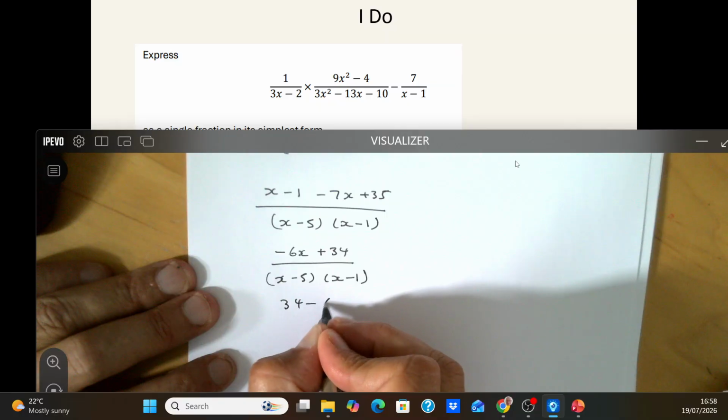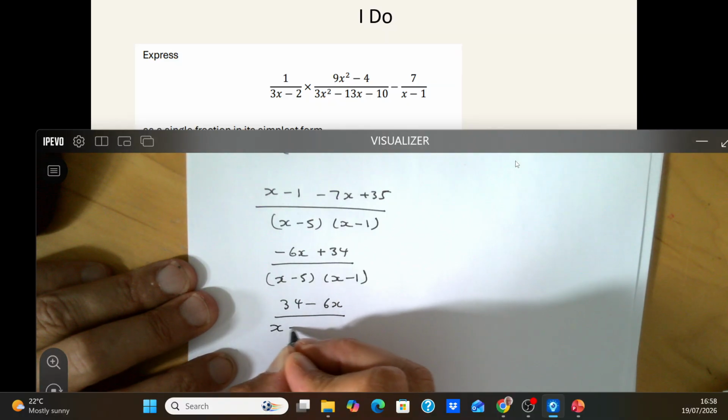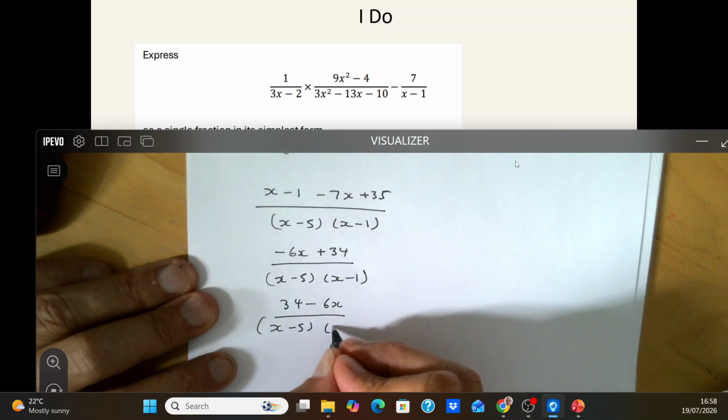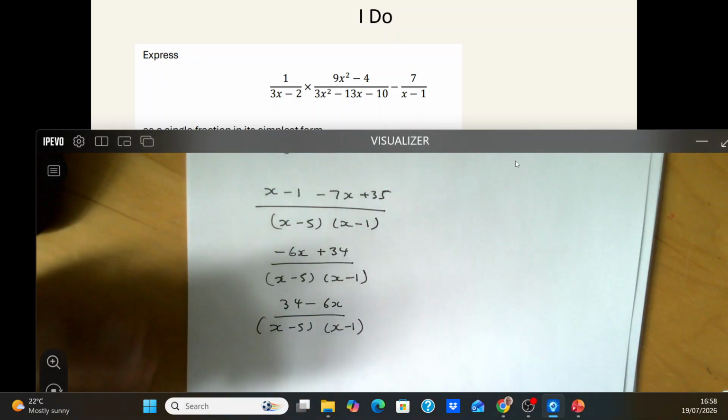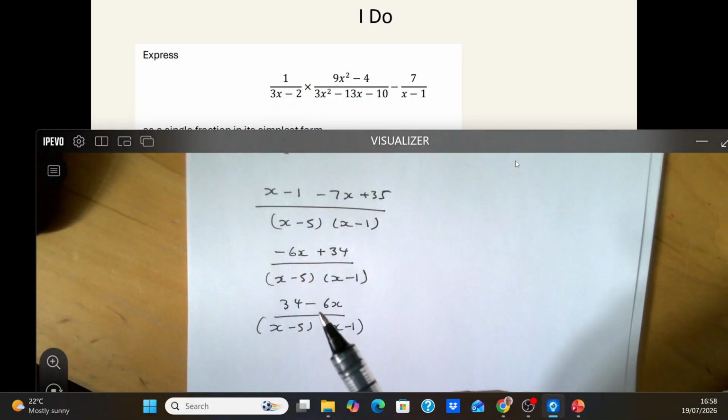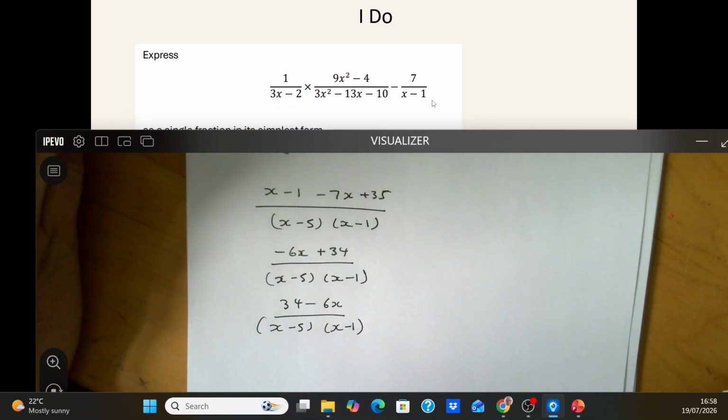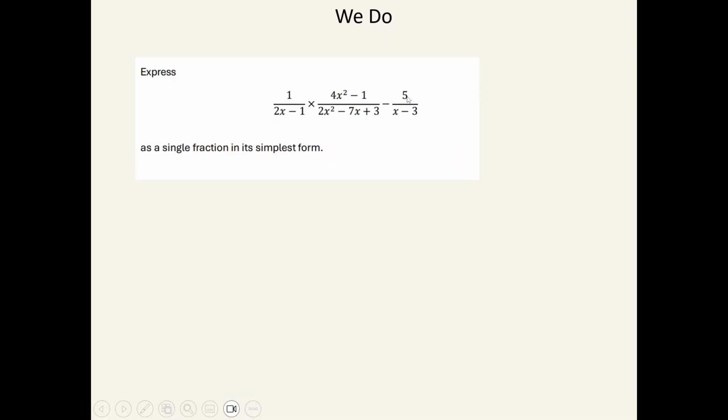I prefer to write that like that. So the key things are your negative signs, and if you made a mistake, checking things through. Now let's go to a similar question for you to do, and think of the stages bit by bit.